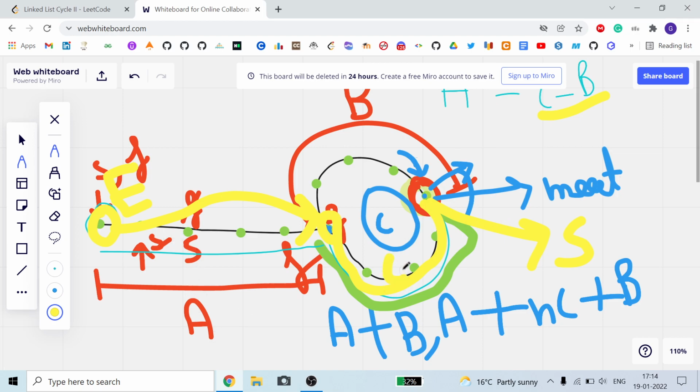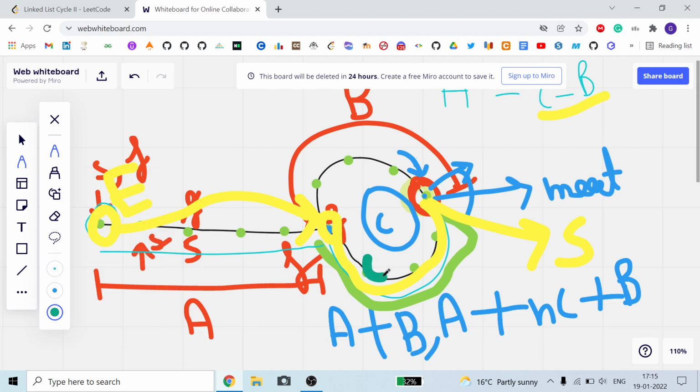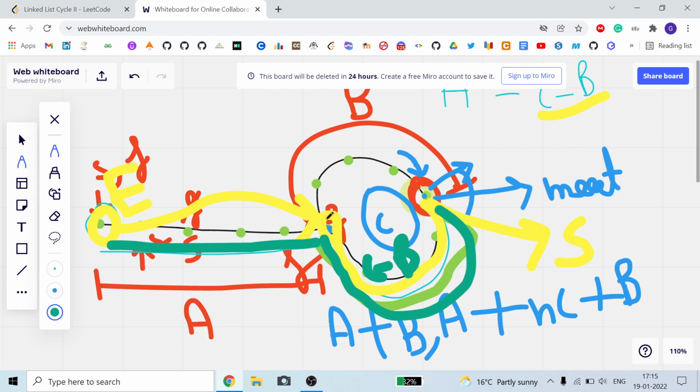This distance is C. I will write with some other color. Yes, this is equal to C minus B. So you can see E will cover a distance, and our slope will also cover a distance, because A is equal to C minus B, and after covering that distance it will come here.